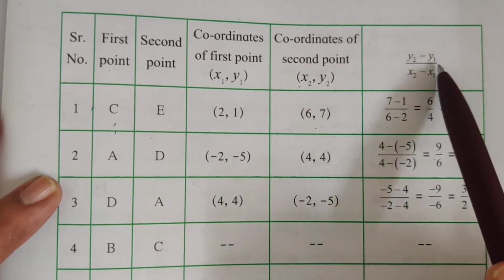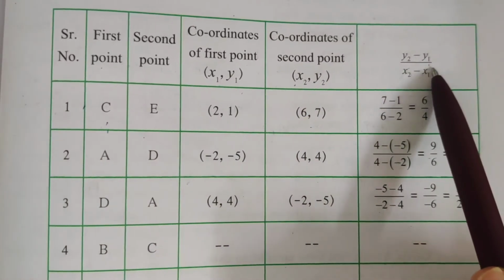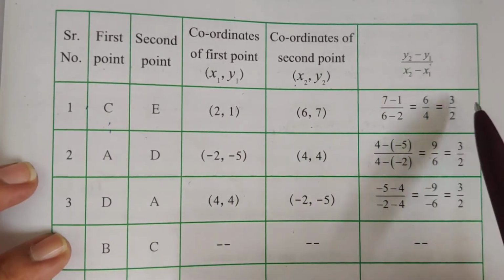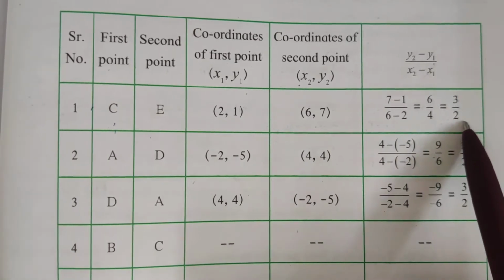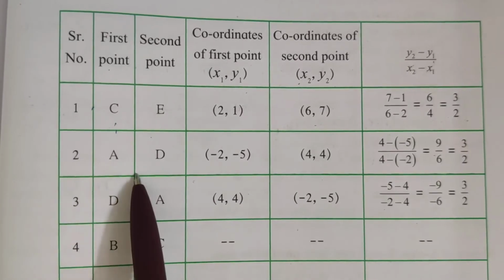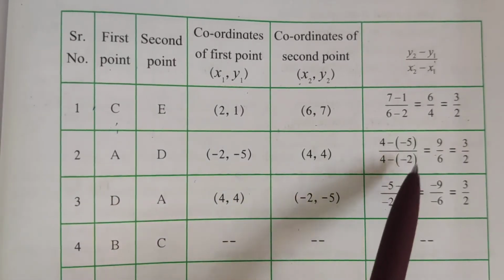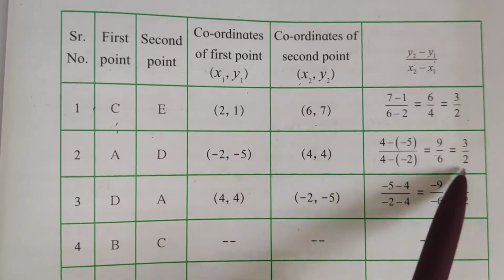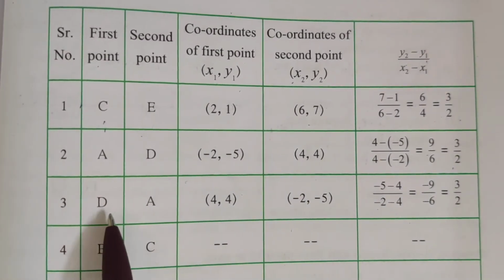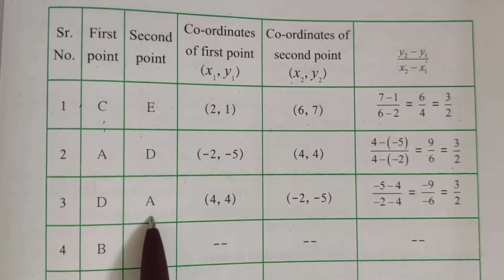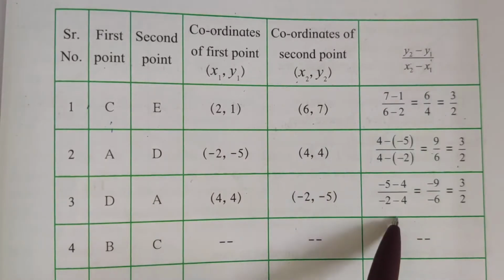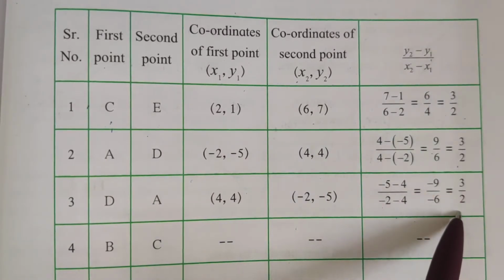If you put these values in this ratio, y2 minus y1 upon x2 minus x1, and calculate, it is 3 upon 2. Then on the same line, if you take other points, these are the coordinates. If you calculate with this formula, here also it is 3 upon 2. Then on the same line other points are taken. Coordinates are these. Calculate with this formula, the ratio is 3 upon 2.